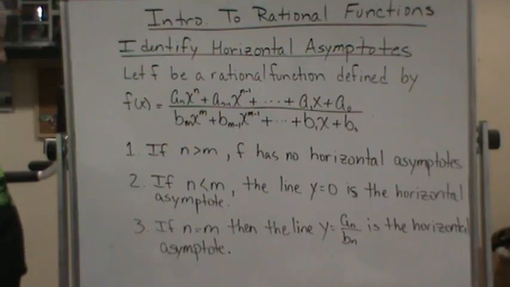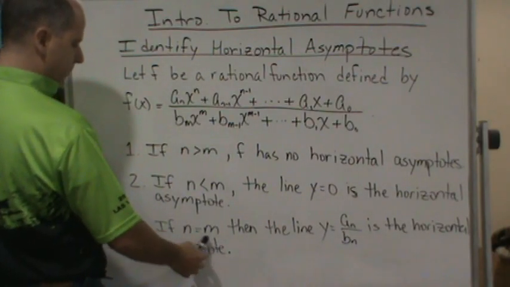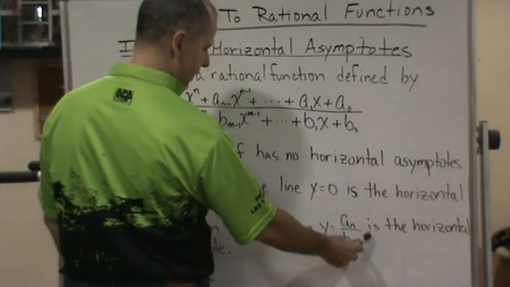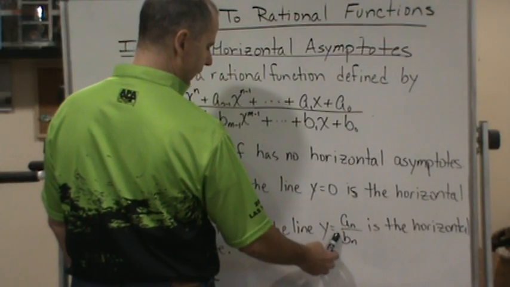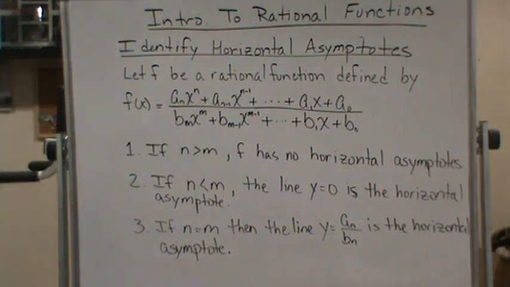Okay, so in this case, if the degrees of the top and the bottom are the same, then all we do is take the ratio of the leading coefficients, and then y equal to that will be the horizontal asymptote of the graph of f. Okay. And I think that's all you have to remember.